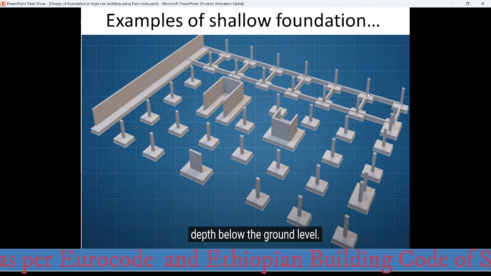In order to avoid the effects of moment due to the eccentricity, we need to provide a strap beam. This strap beam will be connected to the nearby interior footing, just like this, so the eccentricity problem can be controlled easily.